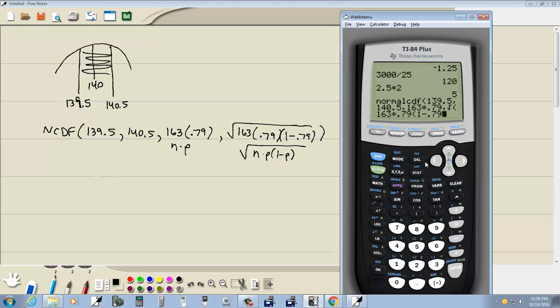Let me double check myself. I don't trust myself after I messed that one up. Square root of 163 times 0.79 times 1 minus 0.79.